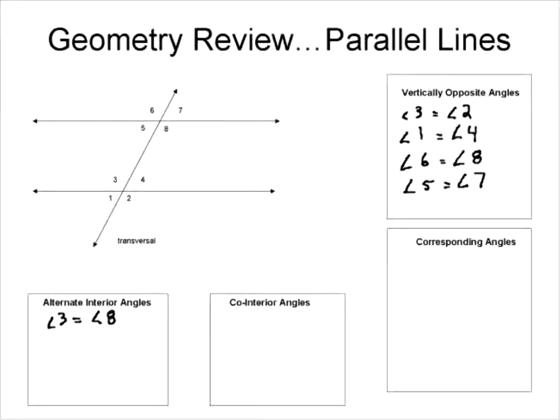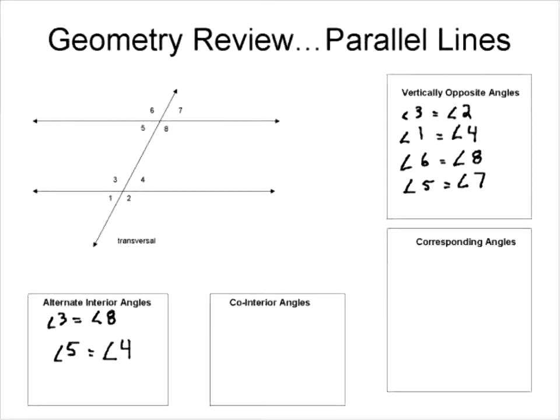Those two angles are what we call alternate interior angles. There's also another pair of alternate interior angles. And the other pair are angle 5, which is equal to angle 4.